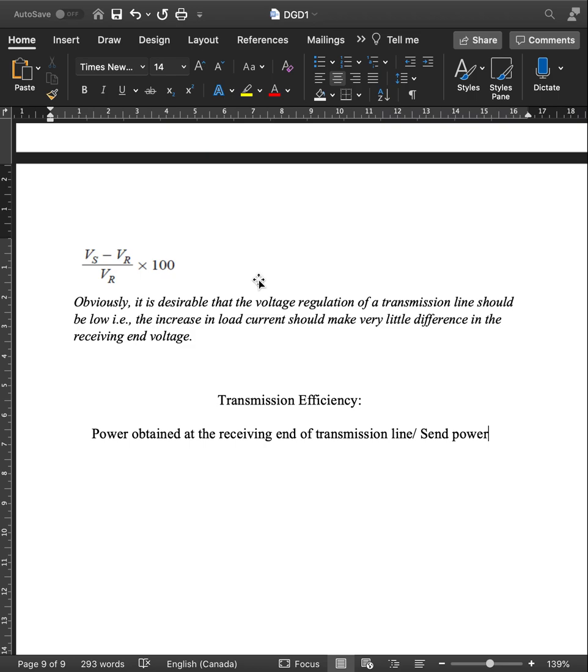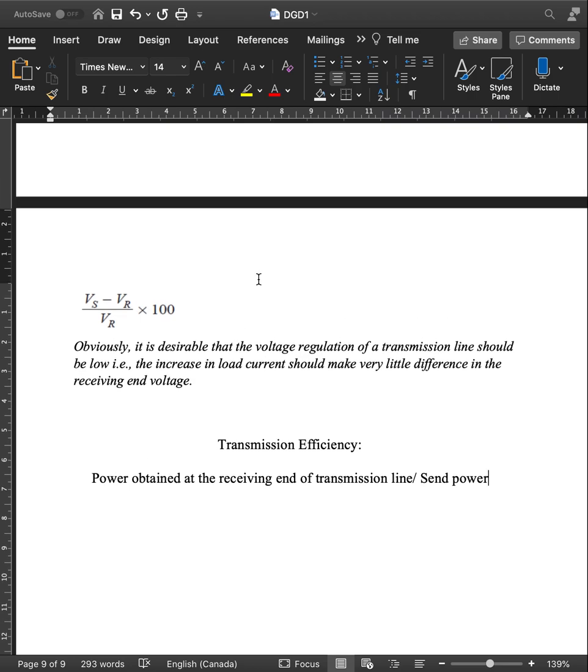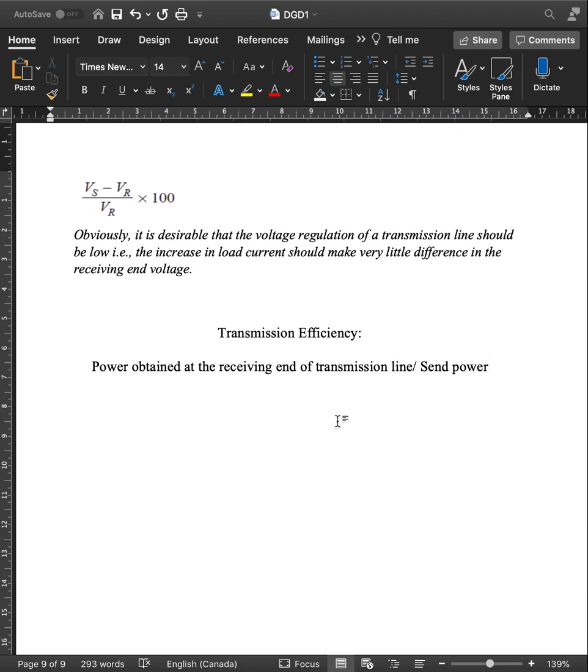So it's a little different from that, but the concept is quite similar. It's an efficiency, so it's a ratio of the receiving end power to the sending power of a transmission line, known as transmission efficiency.